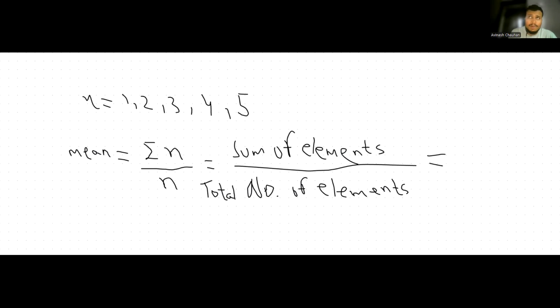What is the sum of all these elements? 1 plus 2 is 3, 3 plus 3 is 6, 6 plus 4 is 10, 10 plus 5 is 15. So the sum is 15, and the total number of elements is 1, 2, 3, 4, 5, which is 5. If we divide, the answer will be 3.